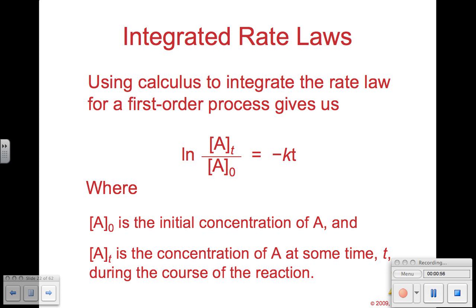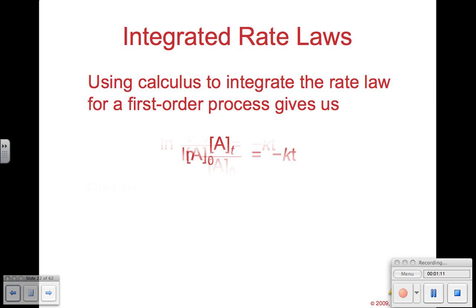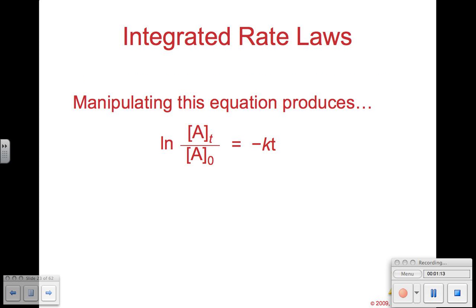The concentration of A0 is the initial concentration of A, and the concentration of A at t is the concentration of A at whatever time t you want to know in regard to the reaction.